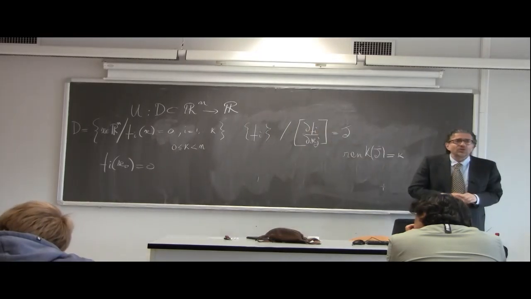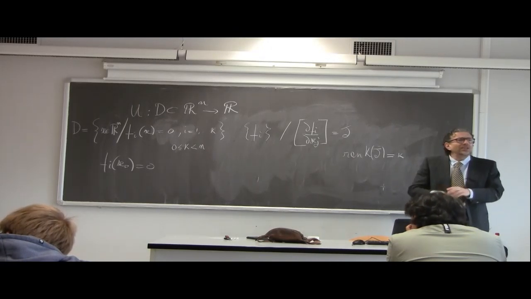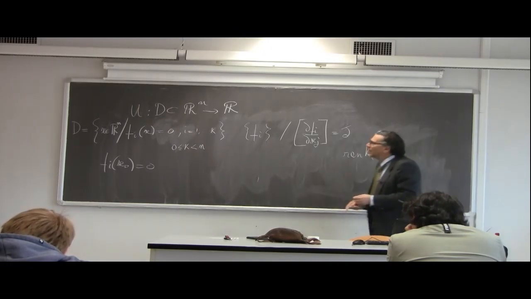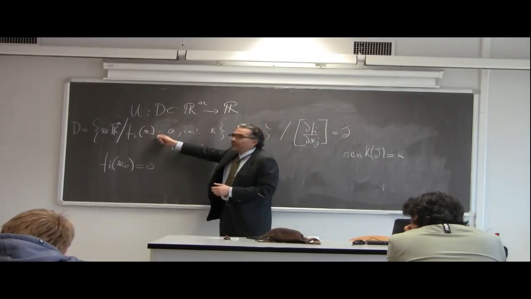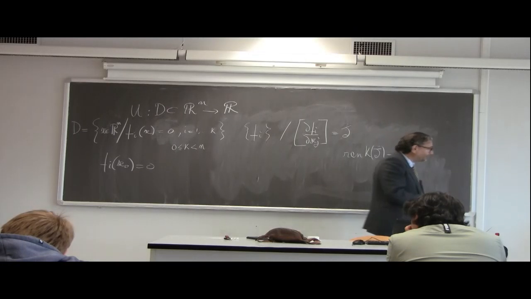So you are left with n minus k completely free, and the other k's are given as a solution of these equations.